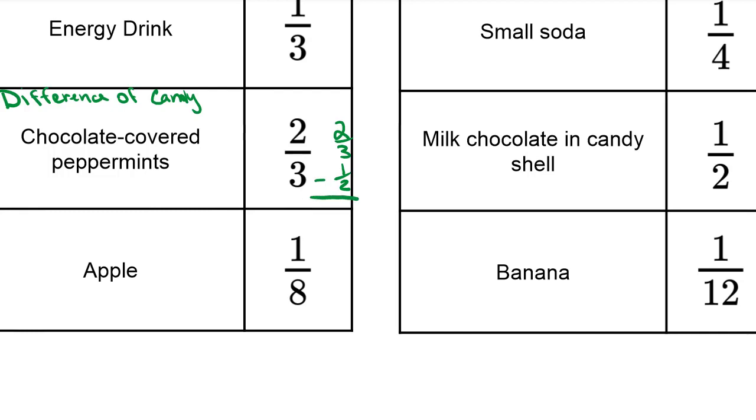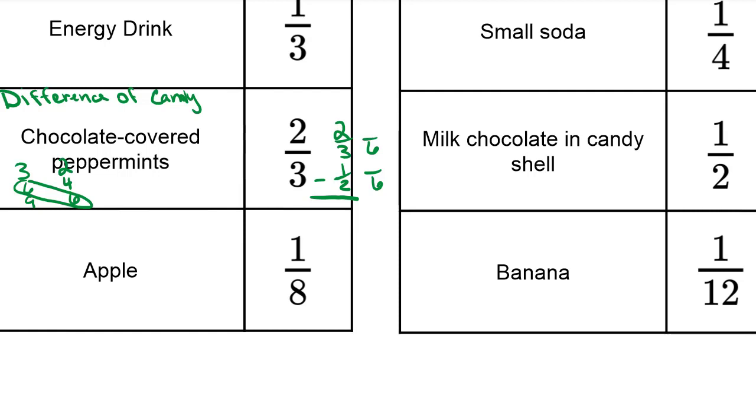And again, what I'm looking at is I need a common denominator. So skip counting again. I'm going to say my 3s. I can say 3, 6, 9. And then for my 2s, I'm going to put it right over there. 2, 4, 6. And I can see that my common denominator is 6. Easy cheesy. Okay?